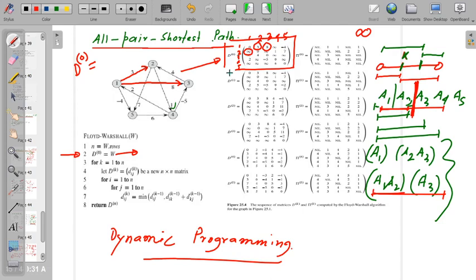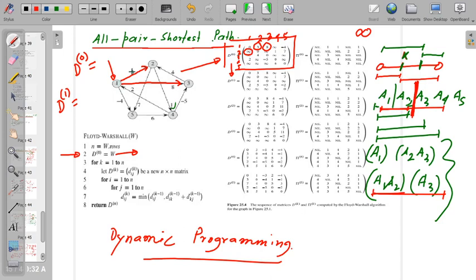Now what I am trying to check is, I'll be trying to find out D1. That means, this is like the shortest path. Once I have discovered one, then I have to relax this one.